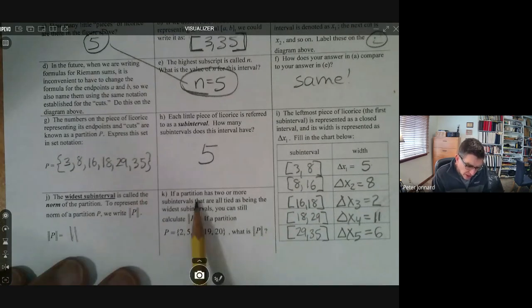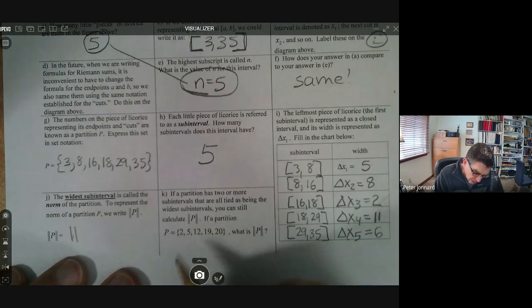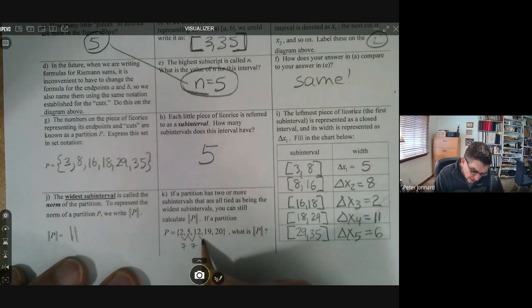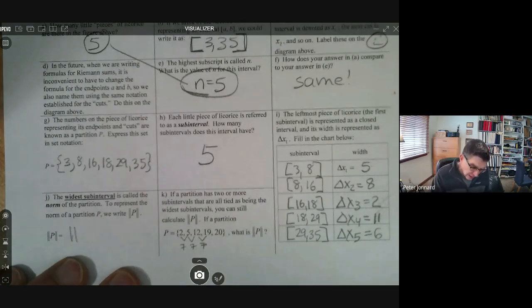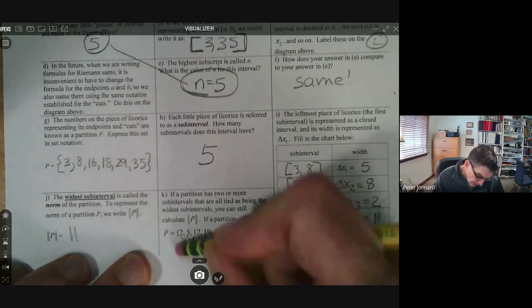Okay, and then finally, if a partition has 2 or more subintervals that are all tied as being widest, you can still calculate the norm. And so in this case, how wide is this? Well, this one is 7, and this is also 7, and this right here is 7 as well. Is that right? That doesn't seem right. This is not 7. This is 3.